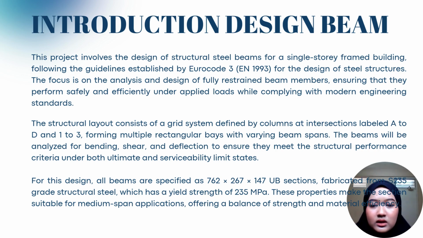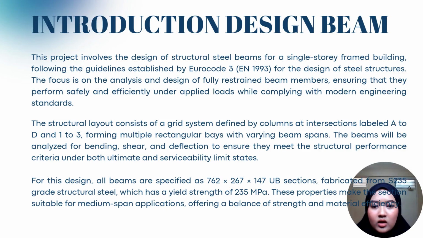The structural layout consists of a grid system defined by columns at intersections A to D and 1 to 3, forming multiple rectangular bays with varying beam spans. The beams will be analyzed for bending, shear, and deflection to ensure that they meet the structural performance criteria under both ultimate and serviceability limit states.